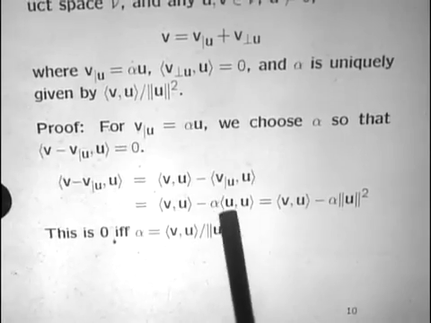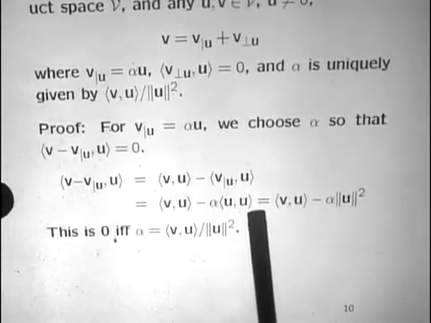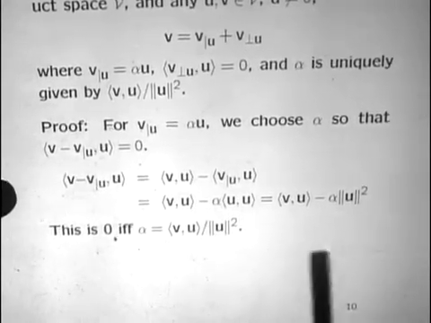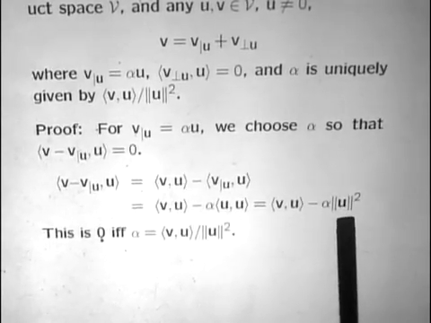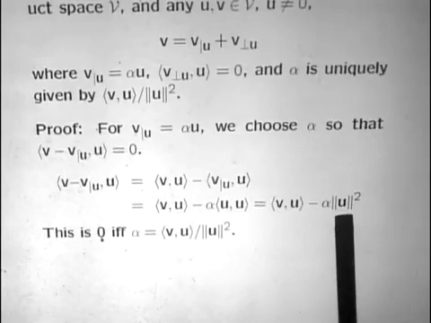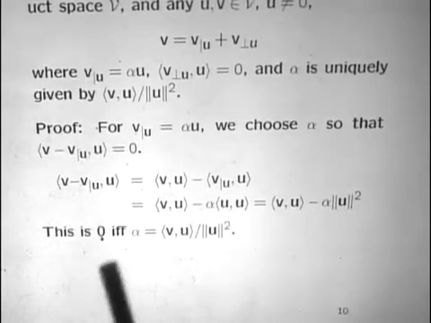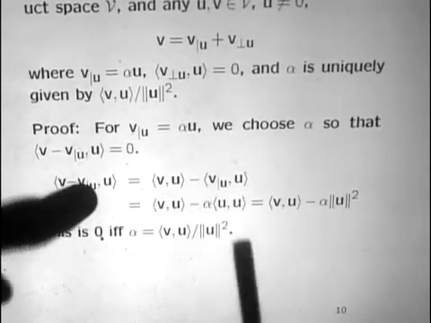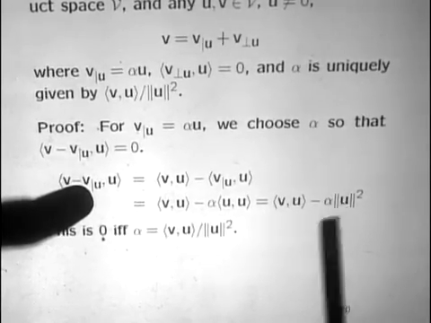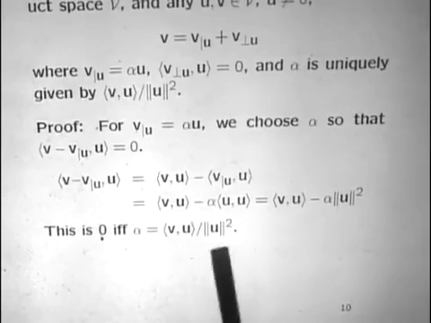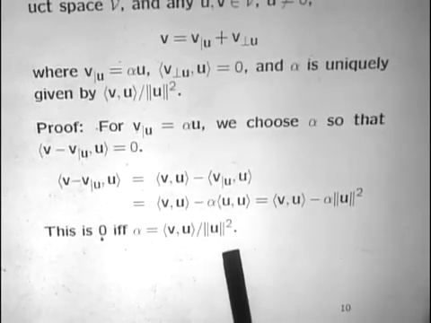So it's alpha times the inner product of U with itself, that's the norm squared of U. So this is the inner product of V and U minus alpha times the norm squared. This is 0 if and only if you set this equal to 0, and the only value alpha can have to make this 0 is the inner product of V and U divided by the norm squared.